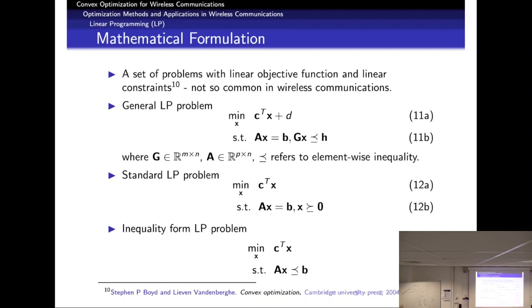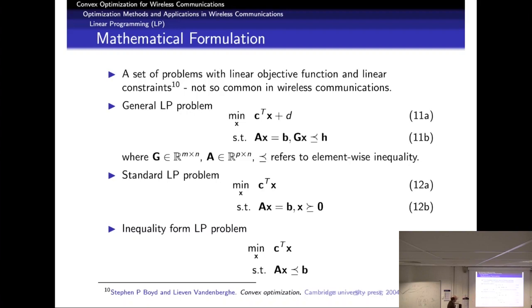So this is equivalent to saying I have, I don't know, G1, the first row multiplied by x is smaller than h1. The second row multiplied by x is smaller than h2. The nth row multiplied by x is smaller than hn, right? So you have essentially n inequalities here that are written within this compact form.